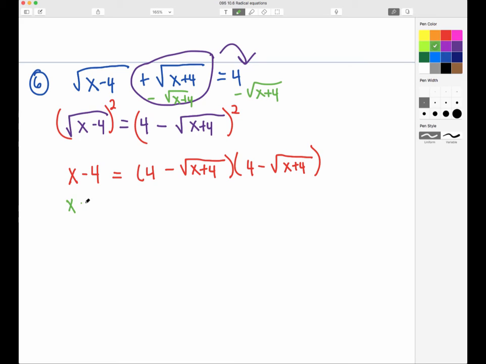So as I start off, I'll do the first, so that would be 16. Then I'll do the outer, so I'll be subtracting 4 times the square root of x plus 4. So it's this 4 multiplied by this last term. That's why there's a negative.